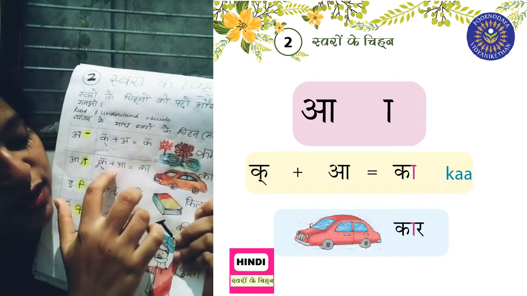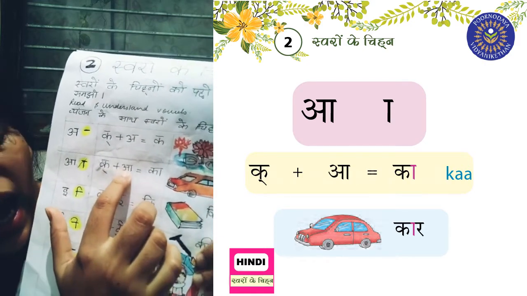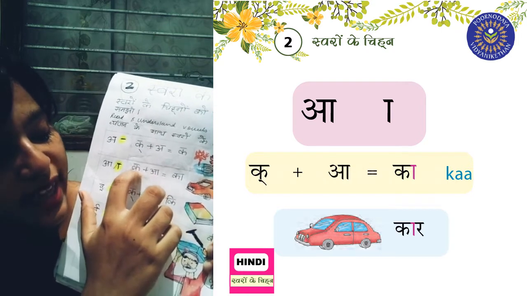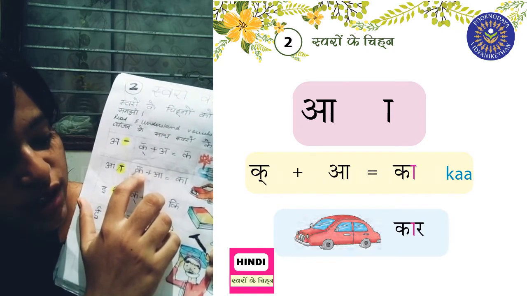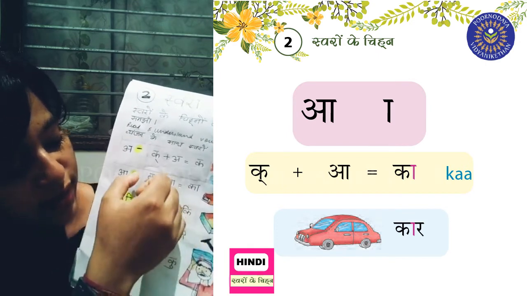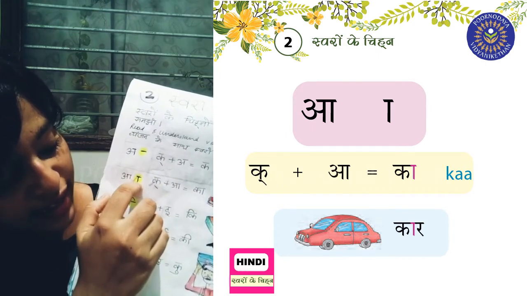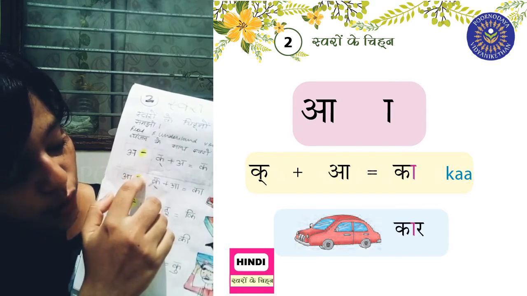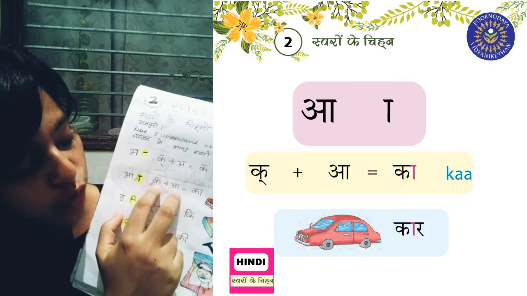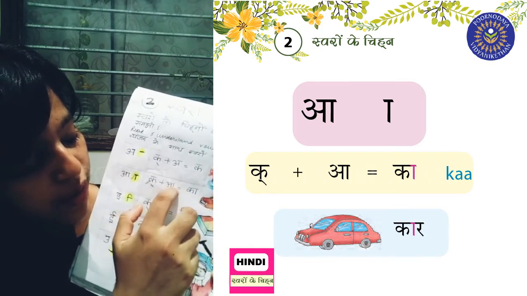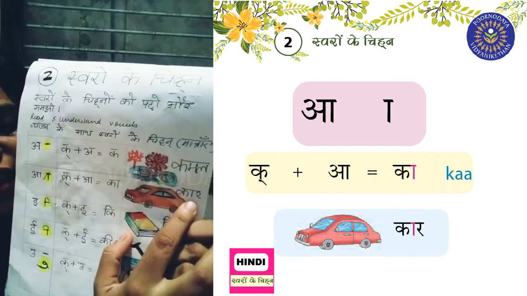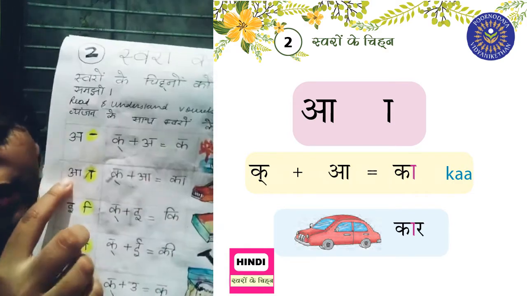Basically ka is a vyanjan letter combined with this matra, one standing line and one sleeping line. When you add both of these, kaa is formed. Ka plus aa matra, kaa. Car.